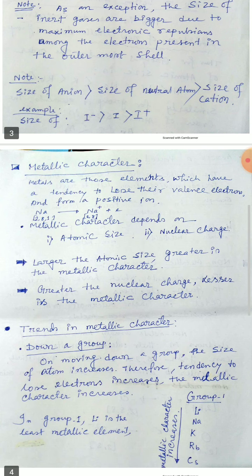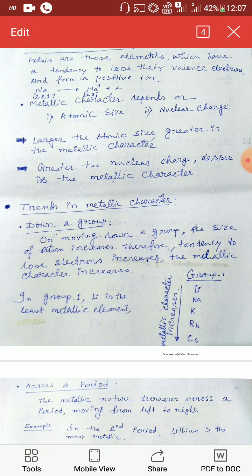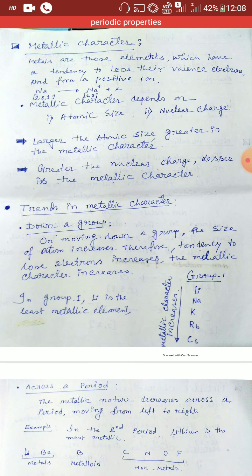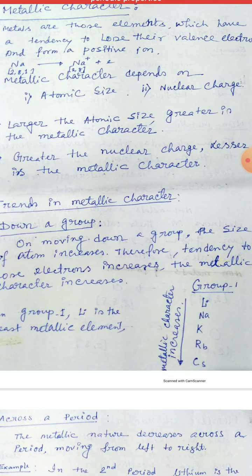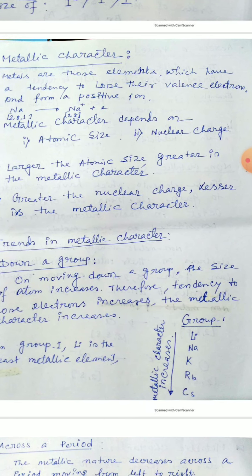Now metallic and non-metallic character. Metals are those elements which have a tendency to lose their valence electrons.